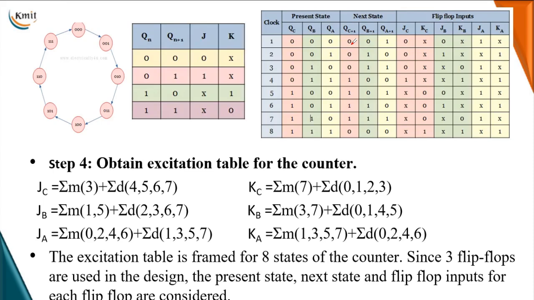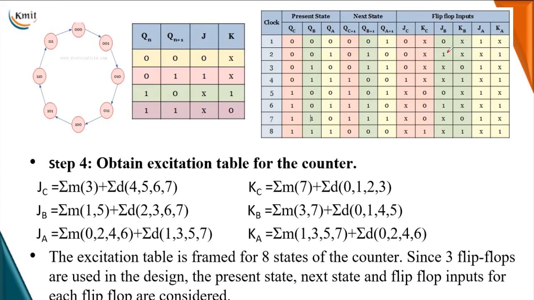QC and QC plus 1 are 0 0, hence 0 don't care. For the second clock pulse, QC and QC plus 1 are 0 0, so 0 don't care. Third clock pulse 0 0, hence 0 don't care. Next, the fourth clock pulse is 0 1, hence 1 don't care. Fifth clock pulse 1 1, so don't care 0. Sixth clock pulse 1 1, so don't care 0. Seventh 1 1, so don't care 0. And the last is 1 0, which is don't care 1.